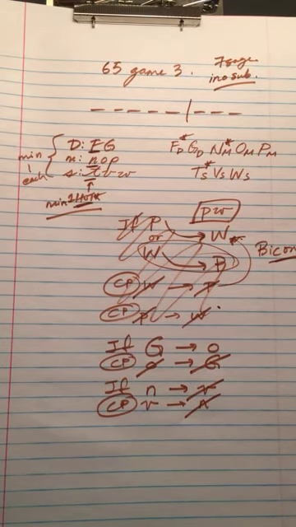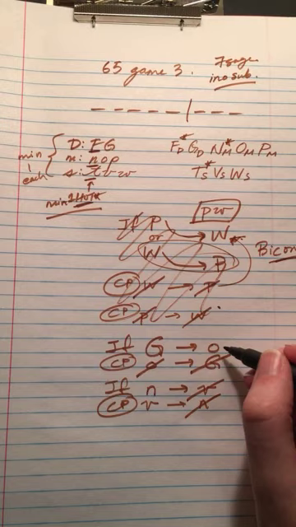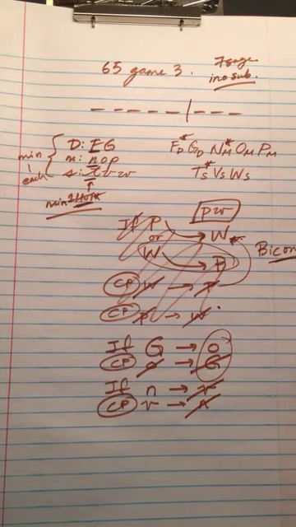Okay, so a couple things to note here. It's possible that O is in and G is out. If G is in, then O has to be in, but if G is out, we don't know the position of O. If O is out, then G has to be out, but if O is in, we don't know the position of G.